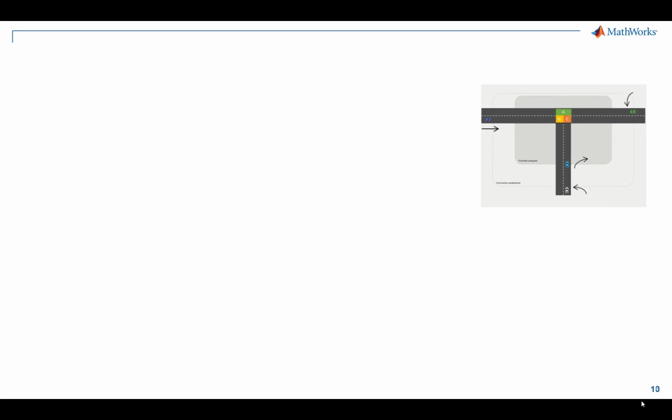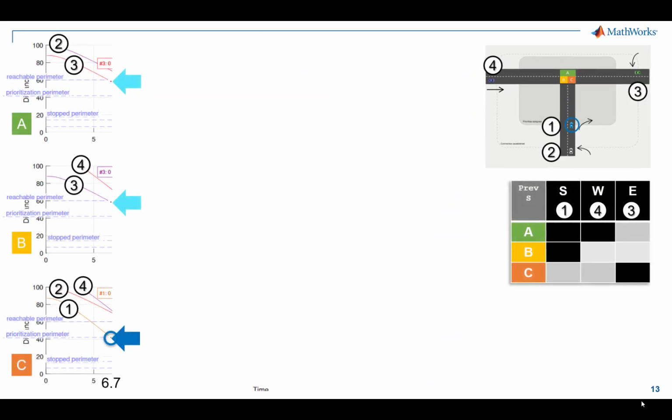So now let's follow the scenario from the paper over time in this distance versus time plot. I've shown the various cars that appear in the particular conflict zone on the left hand side, and re-laid out the various labels. So at time equals 6.7, the first event of priority assignment happens where car number 1 has now reached the prioritization perimeter, and we look at all possible cars that are within the wider reachable perimeter, and that happens to be only car number 3.